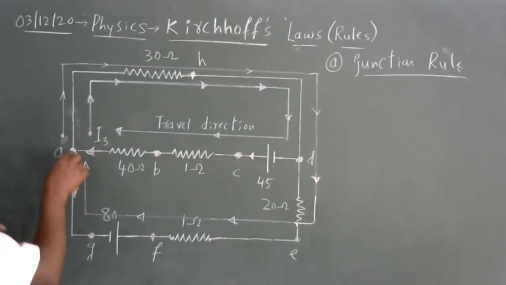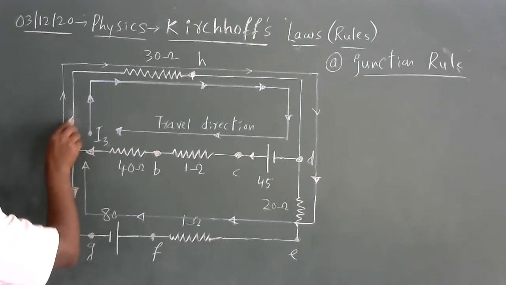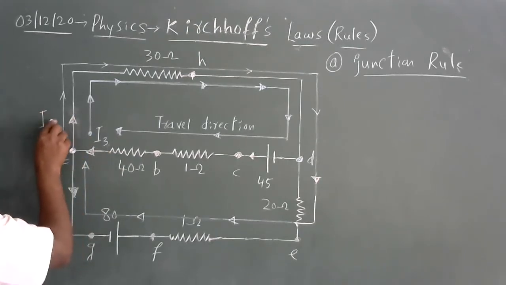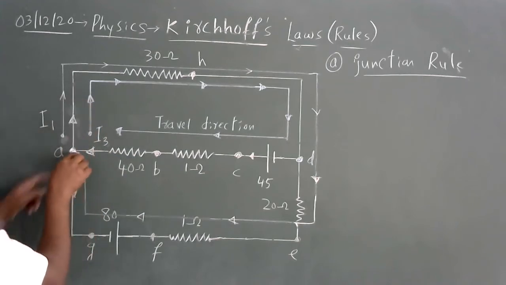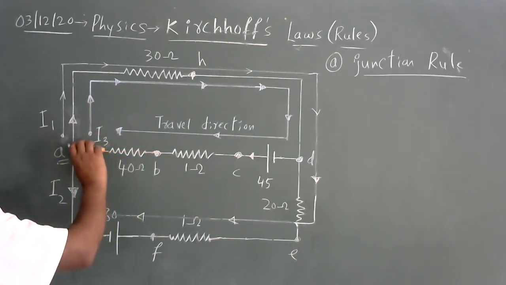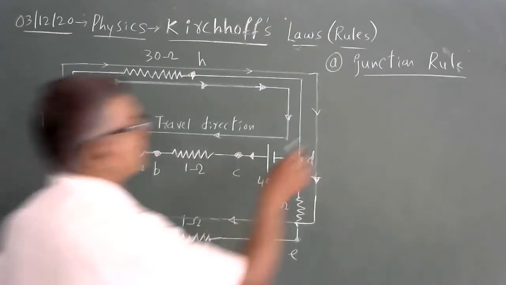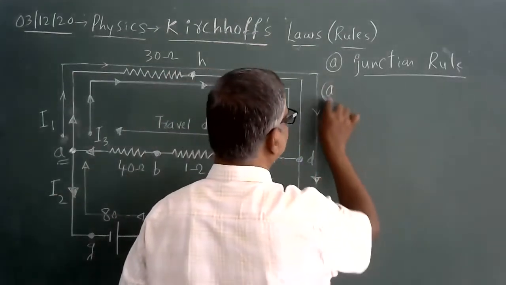With respect to this junction, I3 is entering, I2 is leaving, and let I1 be the current which is moving out. If I take A as a junction, the current entering is I3, and the currents leaving are I1 and I2.